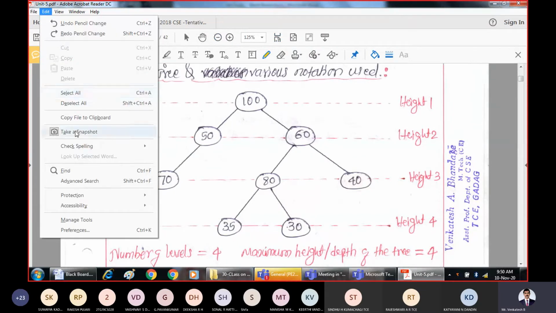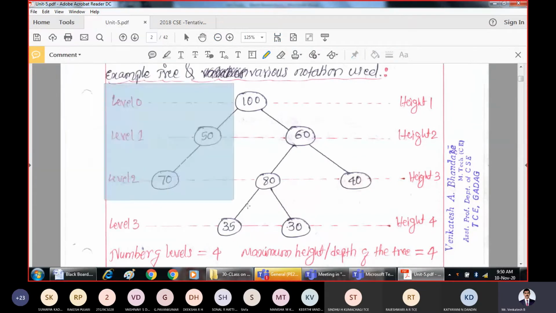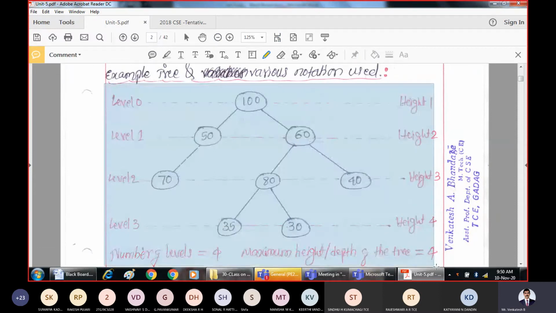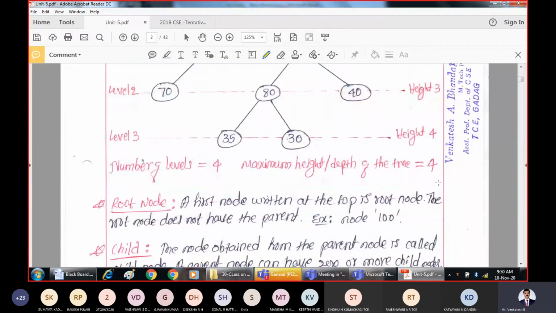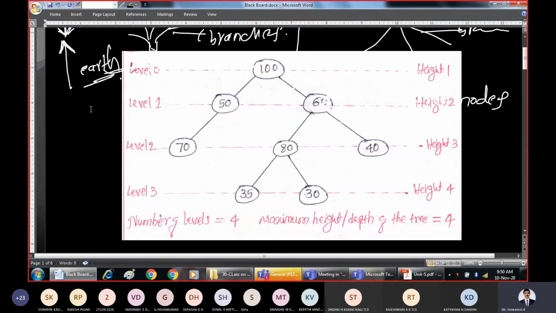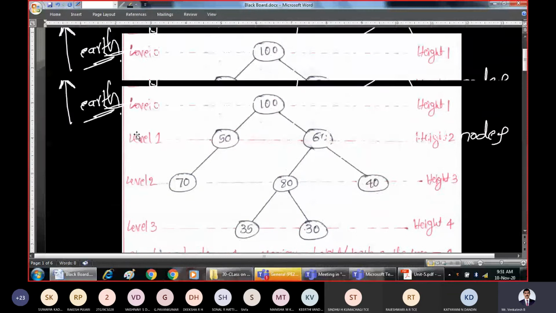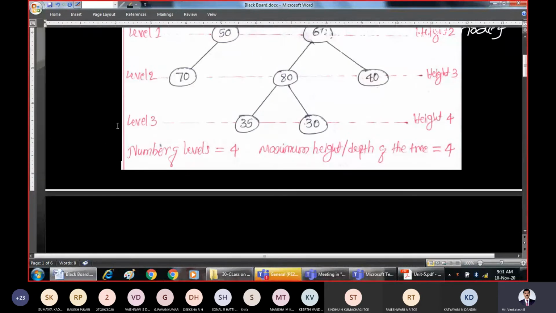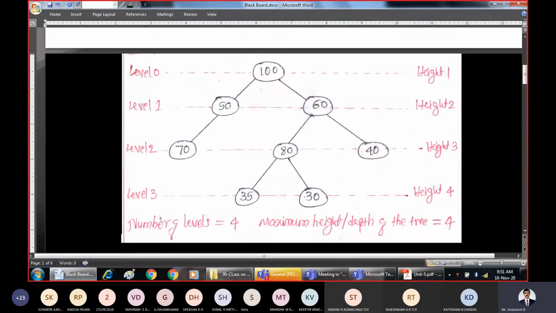One second. I'll just take a snapshot of this because I'll be referring to this diagram repeatedly. I'll take it once here and paste it here, so that this can be used for explanation.